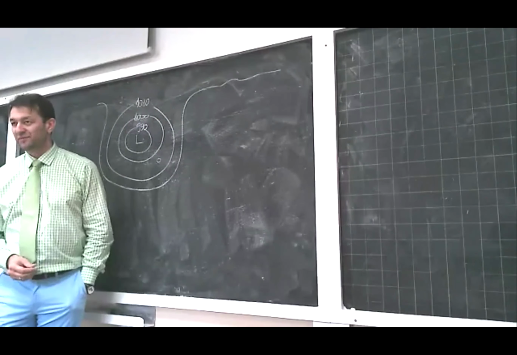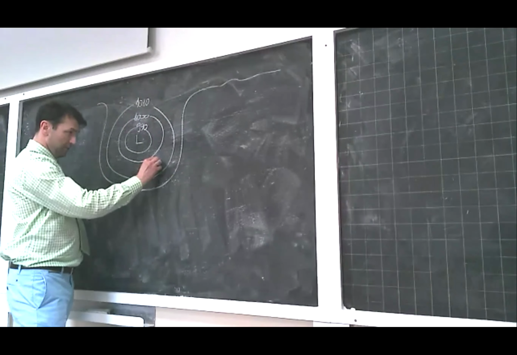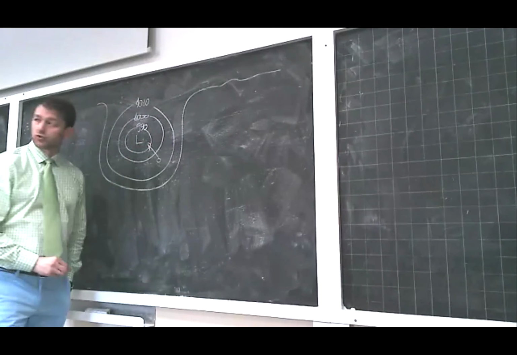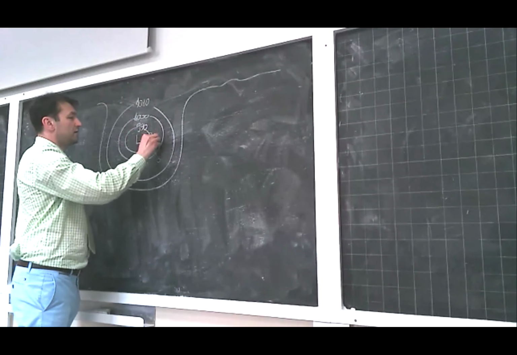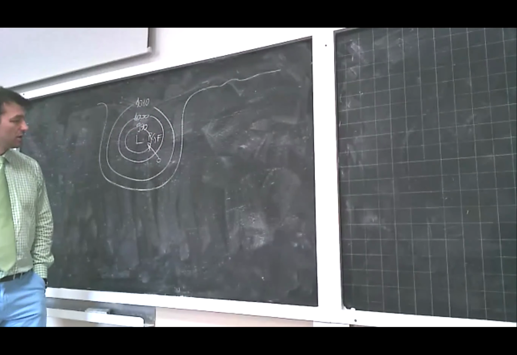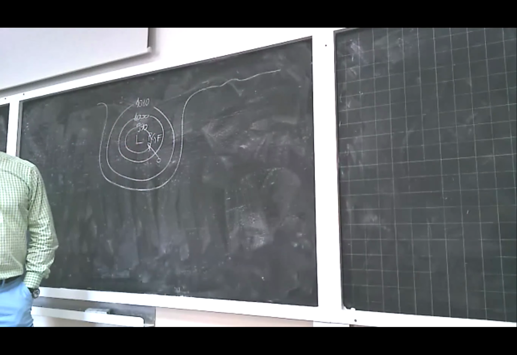From high to low. Pressure gradient force is always from high pressure to low pressure. So the pressure gradient force would be like so, right? So the air will start moving towards the center of the cyclone.